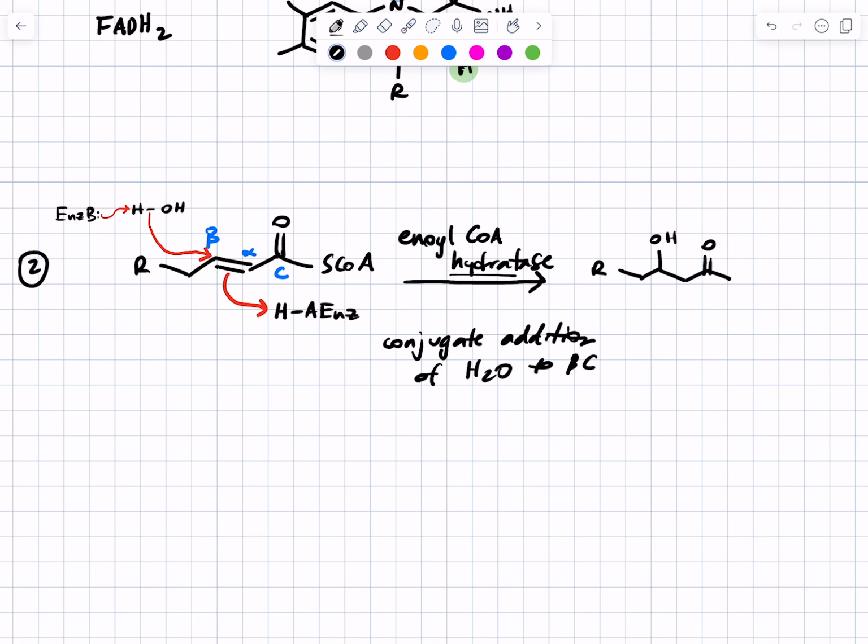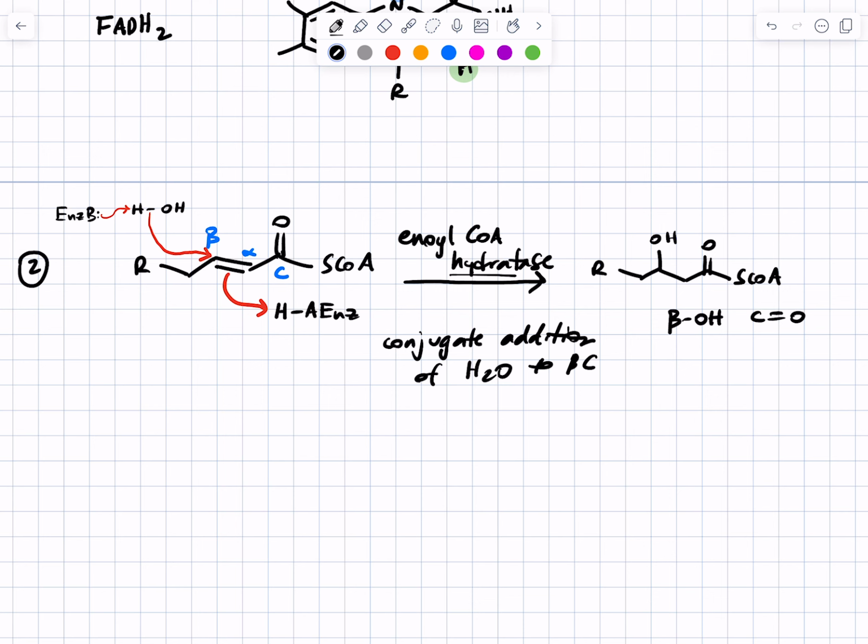All right, so our product is now a beta hydroxy carbonyl compound. And that should ring a few bells because you've seen beta hydroxy carbonyl compounds as aldol products before. But it turns out that nature isn't going to do a retroaldol reaction, in part because that wouldn't lead to a molecule that would be immediately useful.